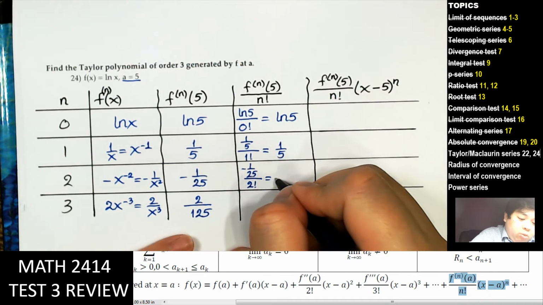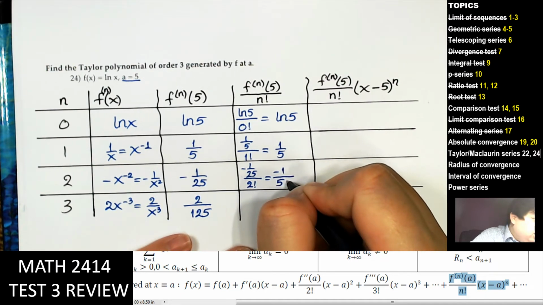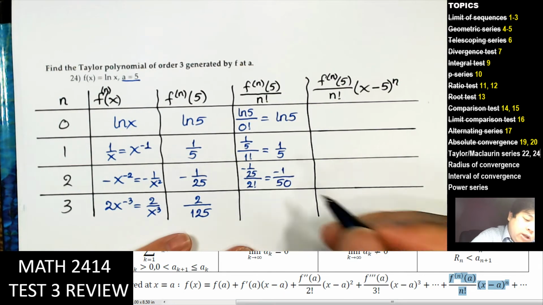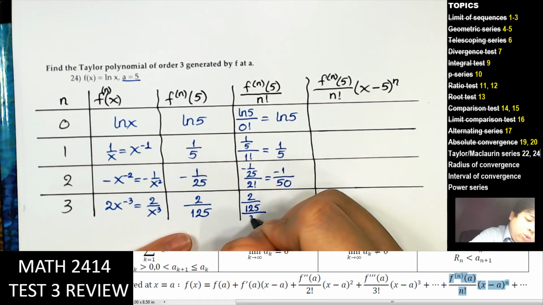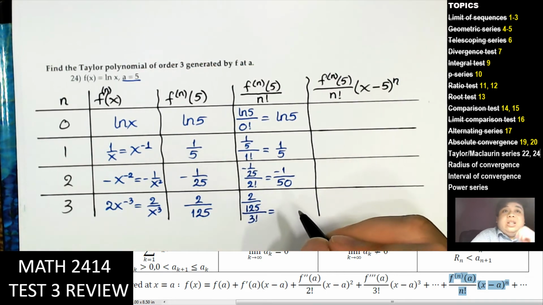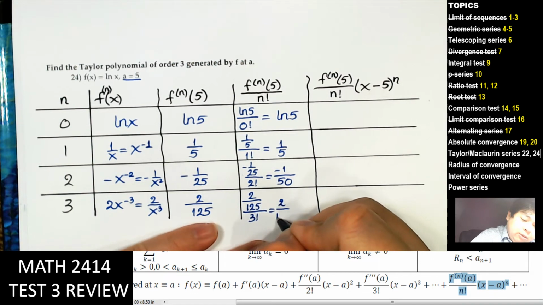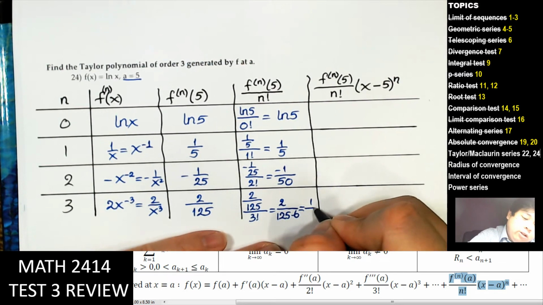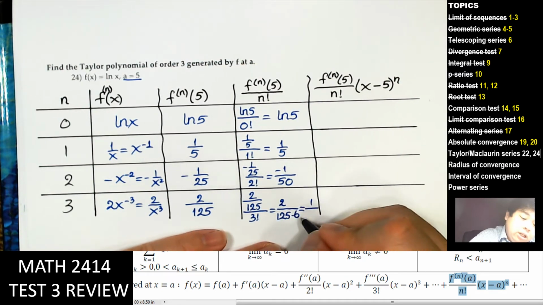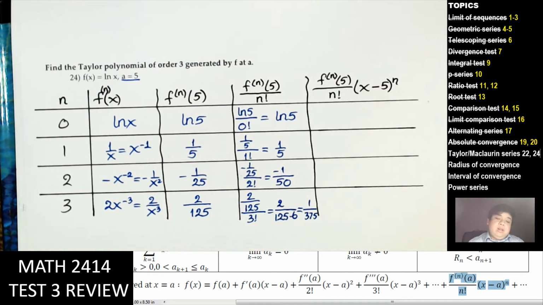Divided by 2 is multiplied by 1/2, so negative 1 over 50. And 2 over 125 divided by 3 factorial, which is 6. 2 over 125 times 1/6, the 6 and 2 cancel. We have 1 over 125 times 3, let's say 375. Right, so those are the coefficients.